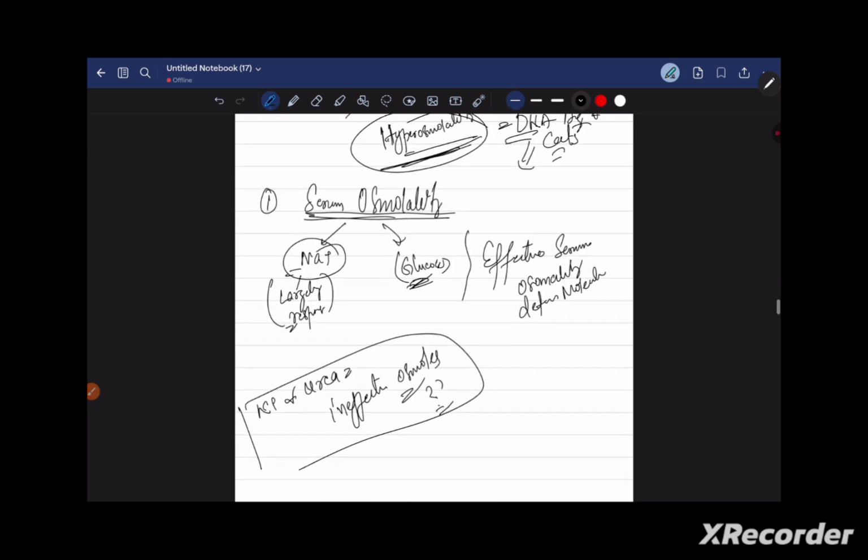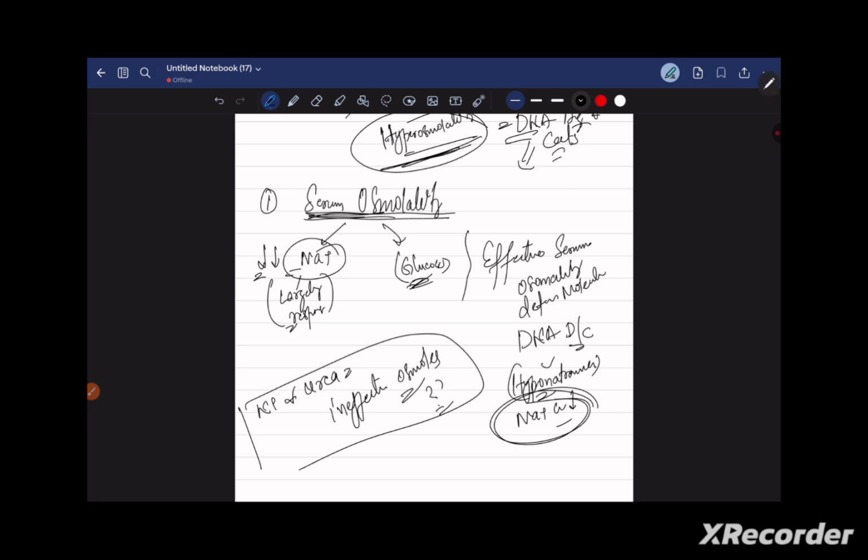Mainly, I told you, in DKA dogs and cats there is always a situation of hyponatremia. Means the sodium concentration is low. This is a consistent finding in DKA dogs and cats.